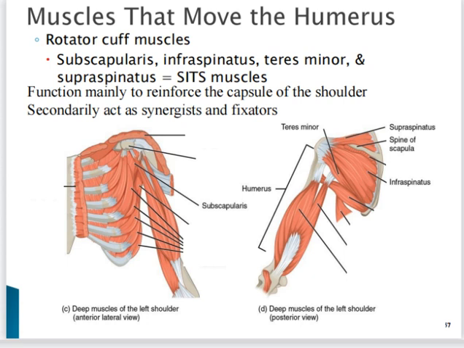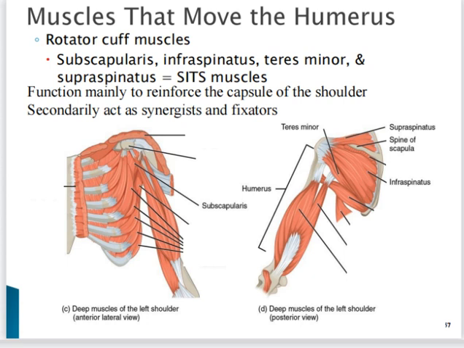The long head of the biceps attaches at the supraglenoid tuberosity of the scapula. The long head of the biceps tendon passes through the intertubercular groove of the humerus, which serves to stabilize the tendon when the shoulder joint is flexed.